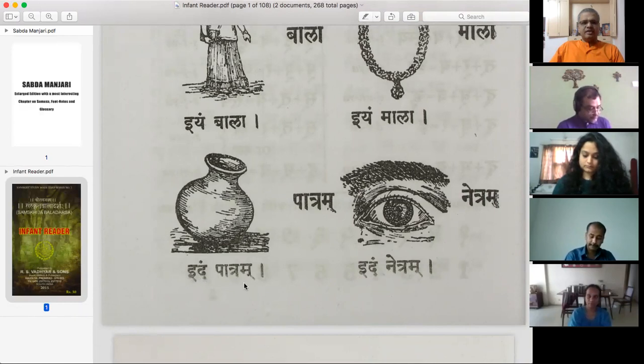So you say idam patram. So what will you supply? You have to supply asti. The verb needs to be supplied. So idam patram asti or idam netram asti. This is a vessel and this is an eye. Netram is neuter.